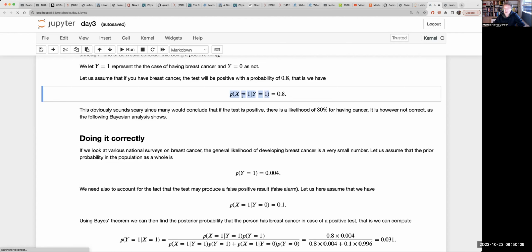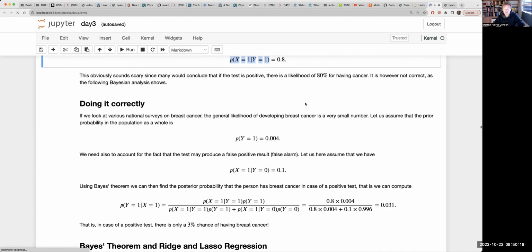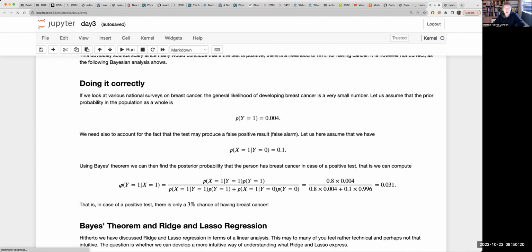So this one simply says the probability that the mammography will result in a positive test, given that you have breast cancer. But what we want to ask is actually, what is the probability of having breast cancer in case the mammography gives a positive hit? So that's the question which we have to ask. And that probability is much, much smaller.